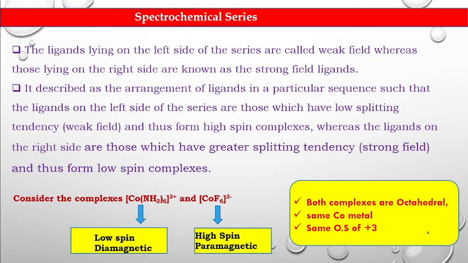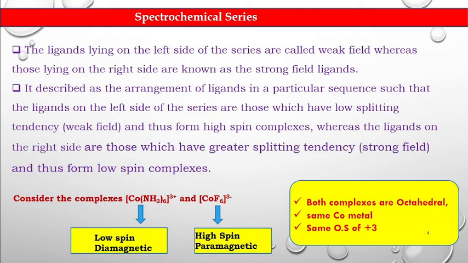Now let us consider two complexes, hexaamminecobalt(III) and hexafluorocobaltate(III). Both complexes are octahedral, both contain the same metal cobalt, and both have a plus 3 oxidation state of the metal. The only difference is that the ligands are different.